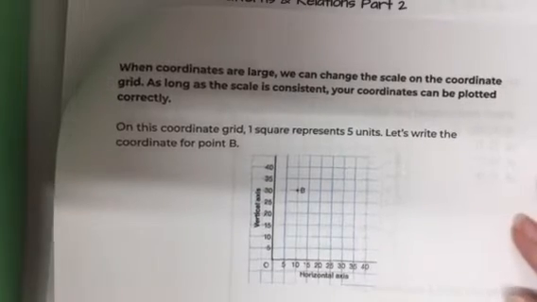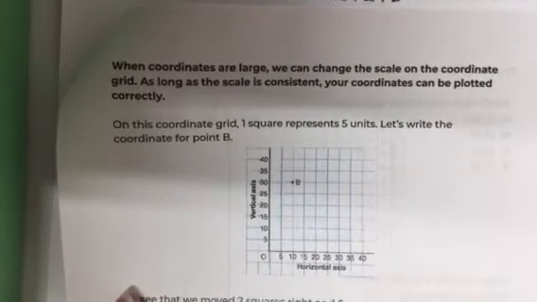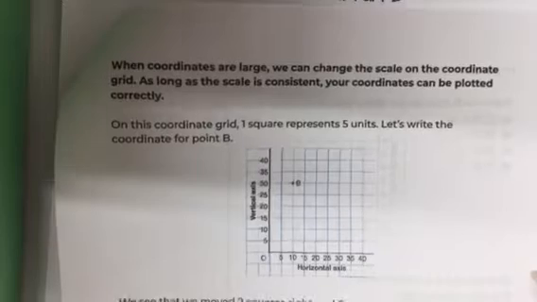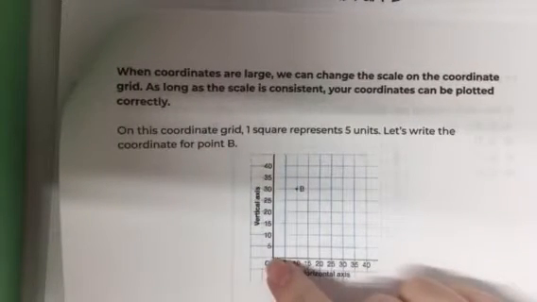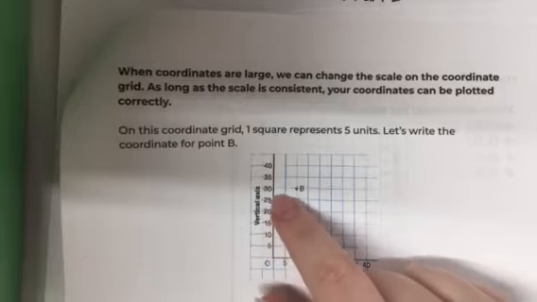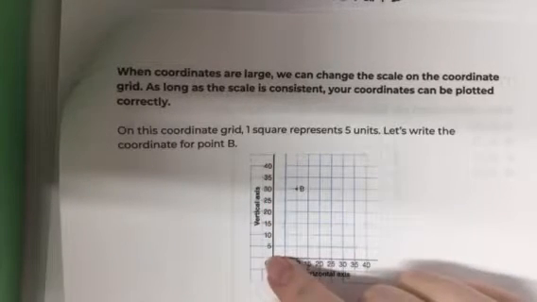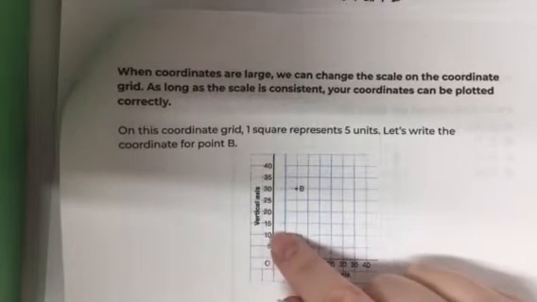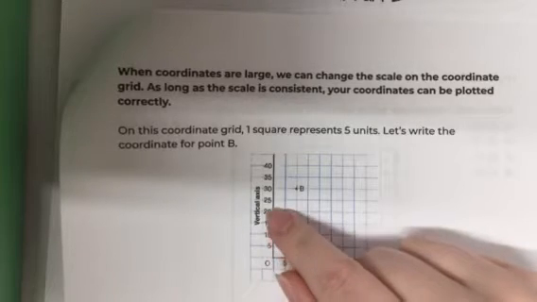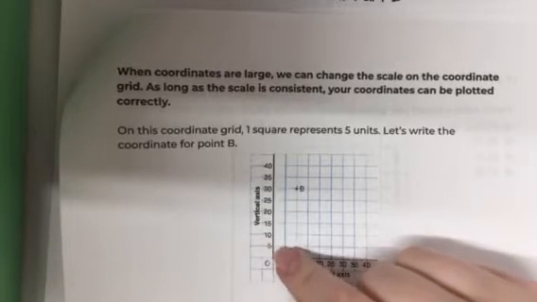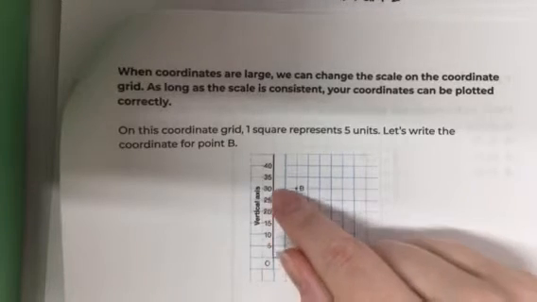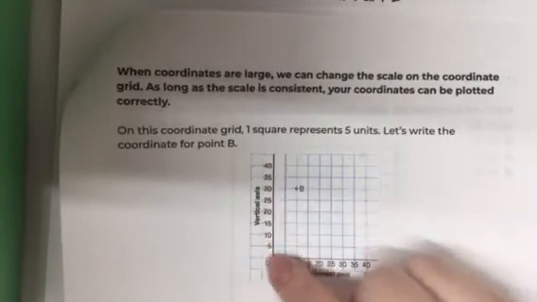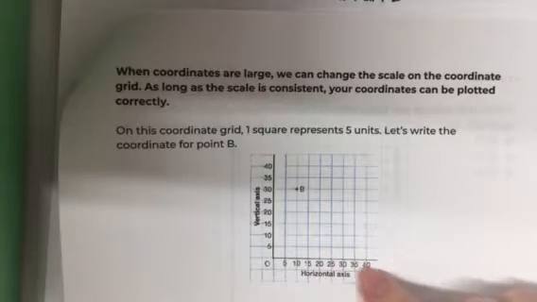Okay, and then when we have coordinates that are very large, then we can actually play around with the scale. The most important thing is that every jump along one of your axes needs to be worth the same. So you couldn't start 2 up and then go 5, 6, 7, 8 because this first jump was not worth 1. As long as each one is worth the same value, you have a consistent scale and you can change them.